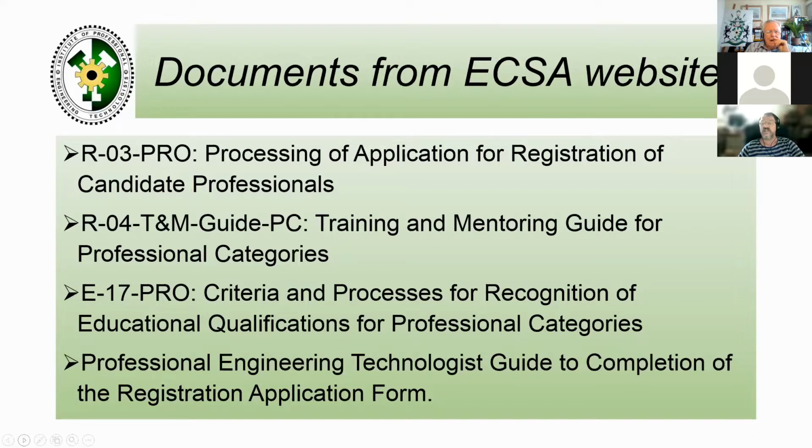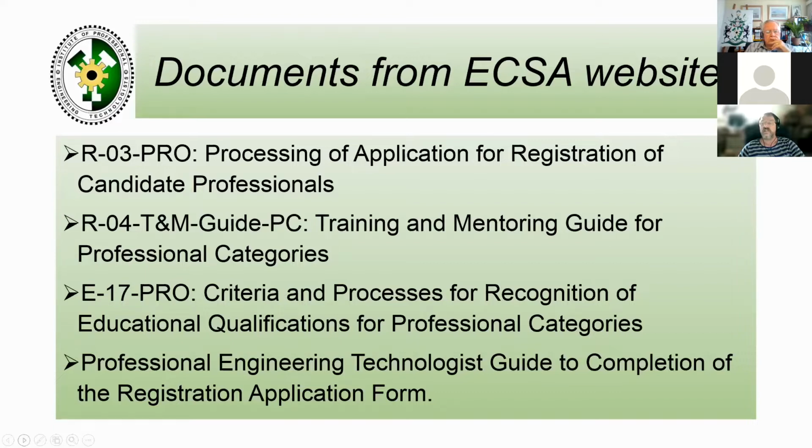Then R04 T&M Guide PC. That's a training and mentoring guide for your professional categories. Please, you must also study that and choose your mentor well. Then R17 POL is the criteria and processes for recognition of educational qualifications for professional categories.